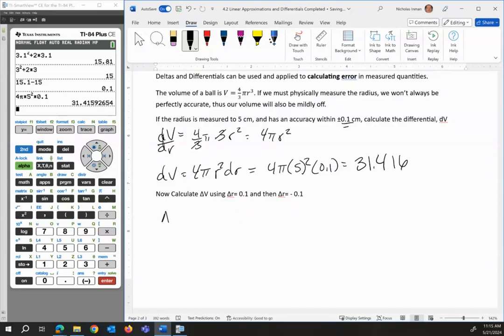So our delta, if our delta r is 0.1, our radius was 5, so 4/3 pi times 5.1 cubed minus 4/3 pi times 5 cubed.